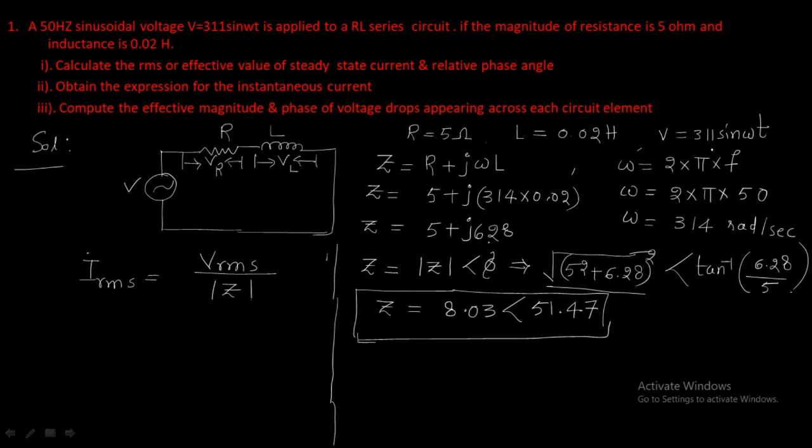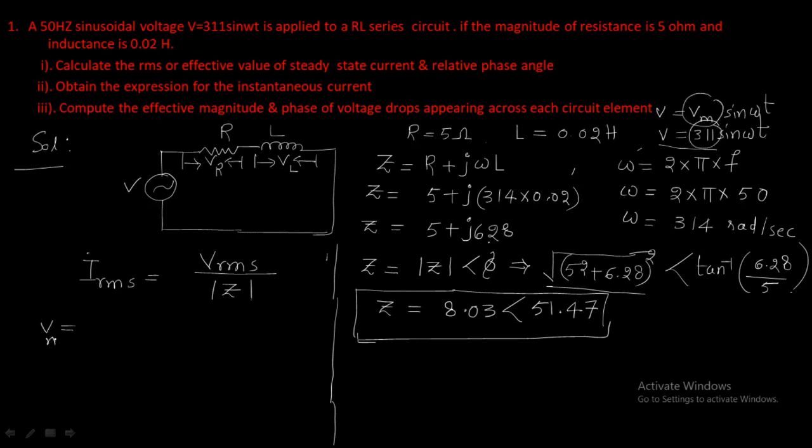But look here: V equal to 311 is actually the maximum value. He has given 311 sin omega t. Compare with our instantaneous equation Vm sin omega t. From this, Vm is 311.